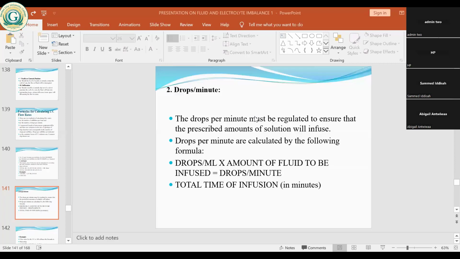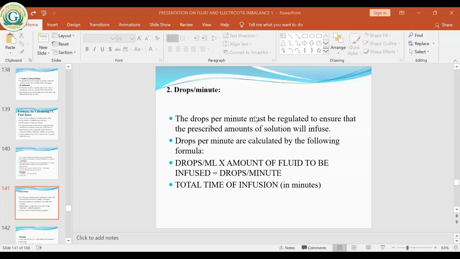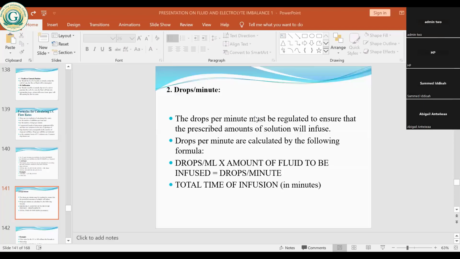You have been ordered to infuse 5 liters of normal saline at 8 a.m. in the morning.